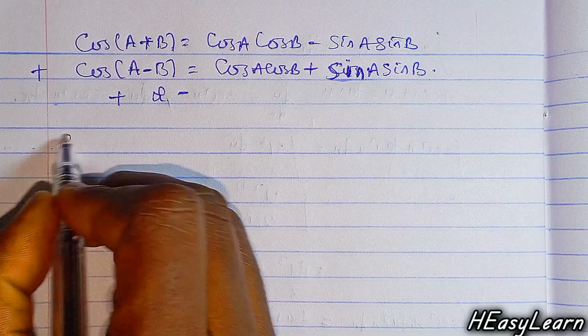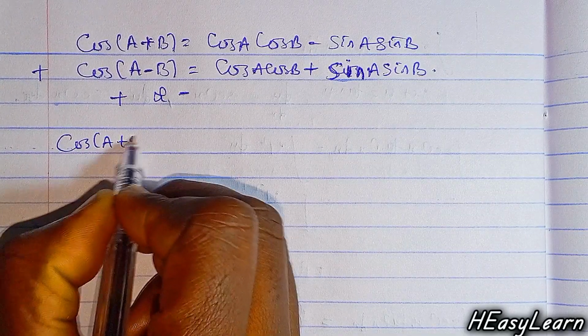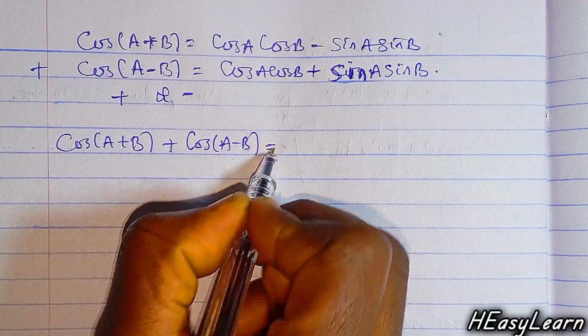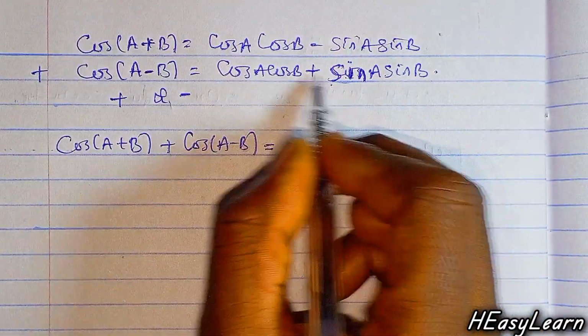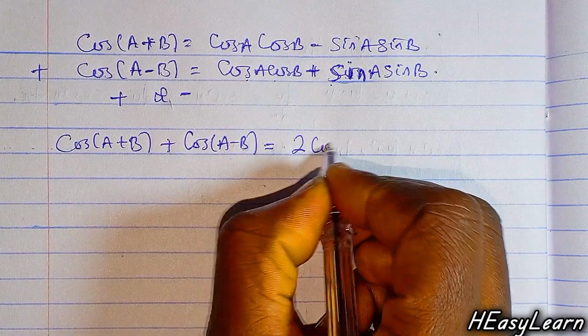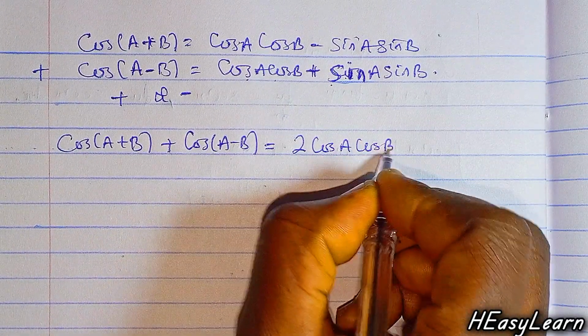This is going to be cos(A plus B) plus cos(A minus B). Here the sine terms go away, plus and negative, and here is the same thing. It will be twice cos A cos B.